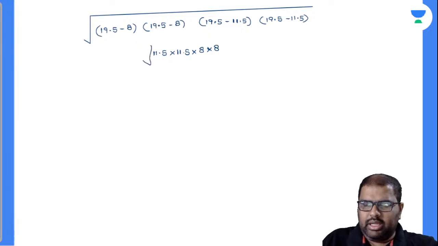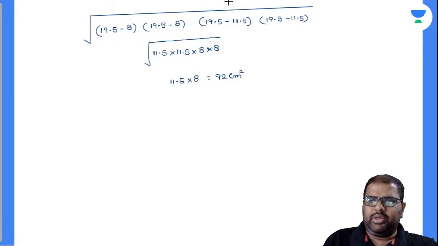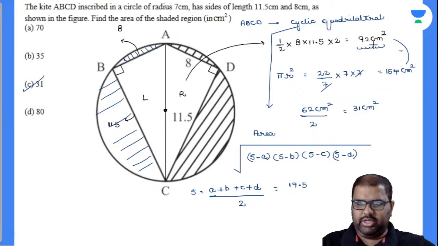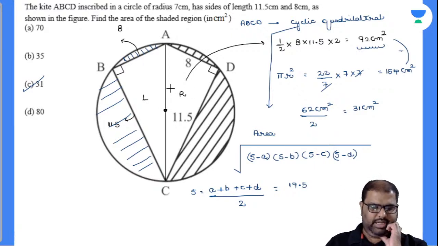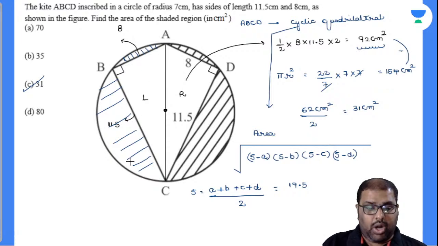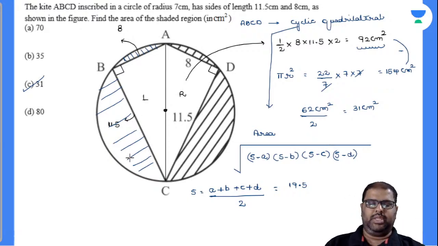So automatically the answer will be 11.5 into 8, which is equal to 92 centimeters square. You can use the same logic. So see, I got the same 92 centimeters square. Of course, you can use the formula, or otherwise you can use the normal technique to solve the question. So nothing to worry. I have given you the formula for the area of the cyclic quadrilateral, because all the vertices of the quadrilateral are on the circumference of the circle. Hope it is clear.